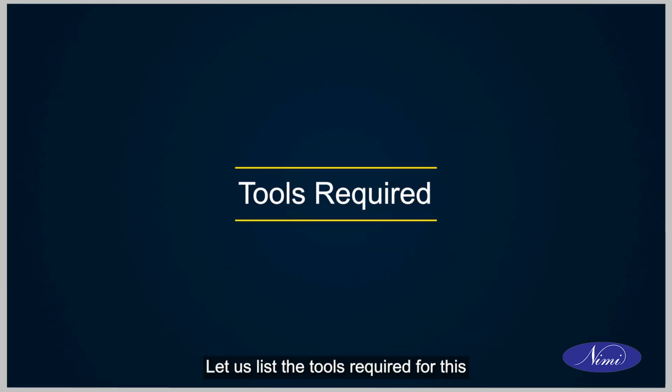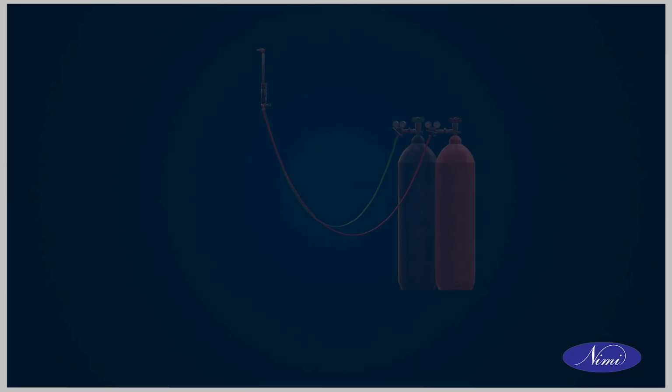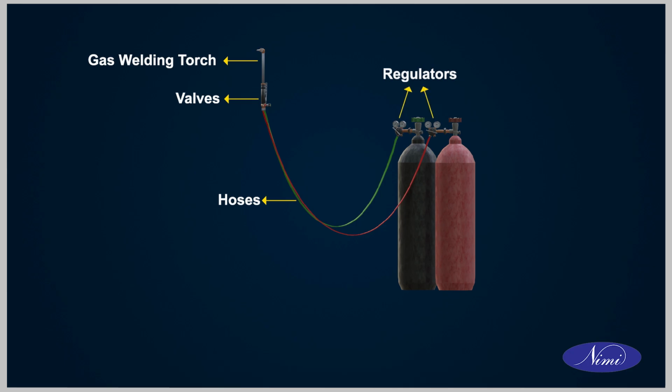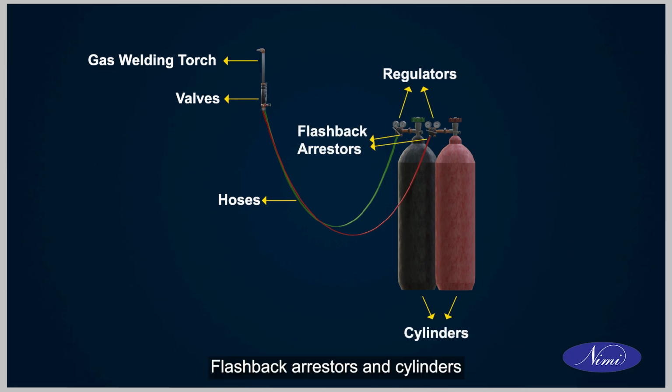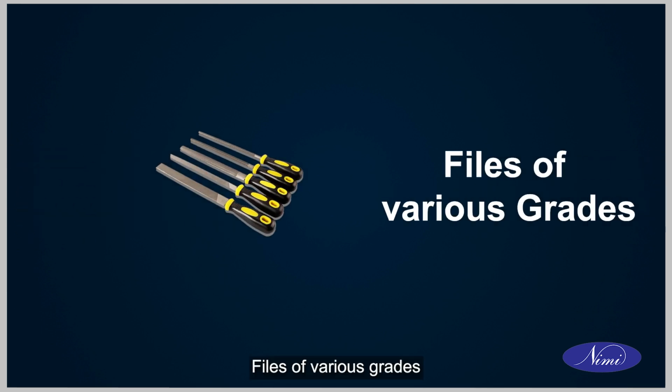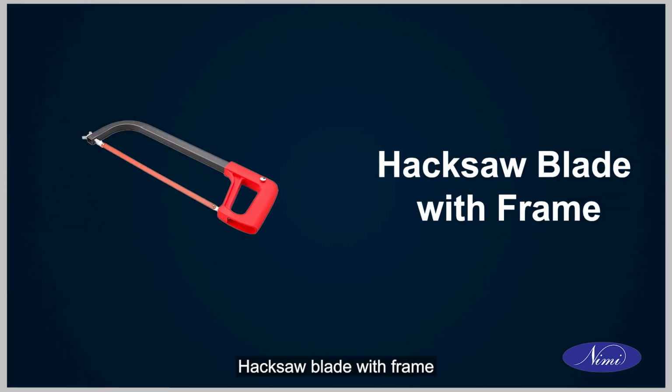Let us list the tools required for this. Gas welding torch with hoses, valves, pressure regulators, flashback arresters, and cylinders. Steel rule. Files of various grades. Hacksaw blade with frame.